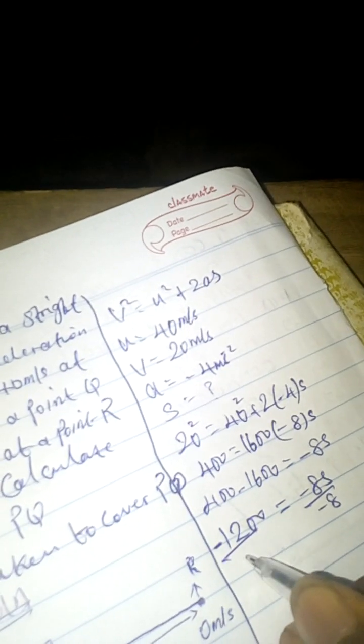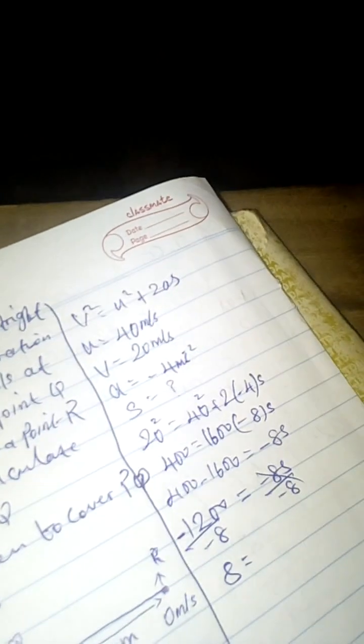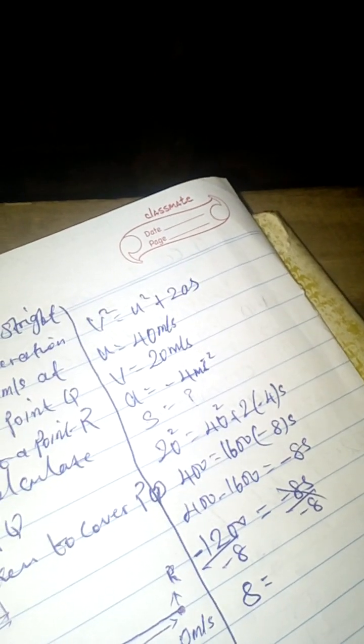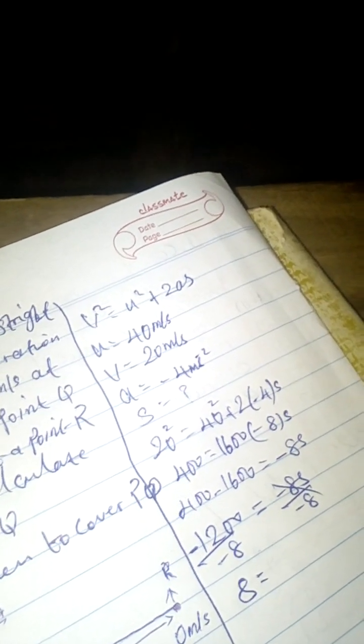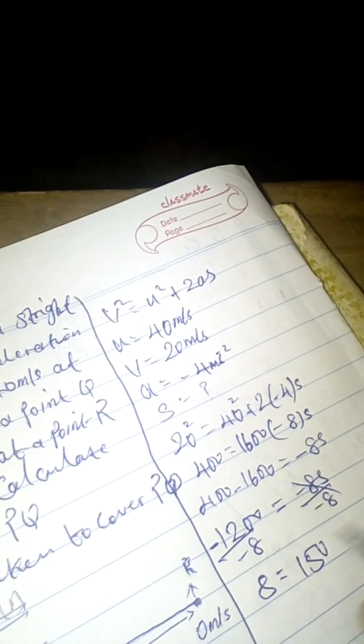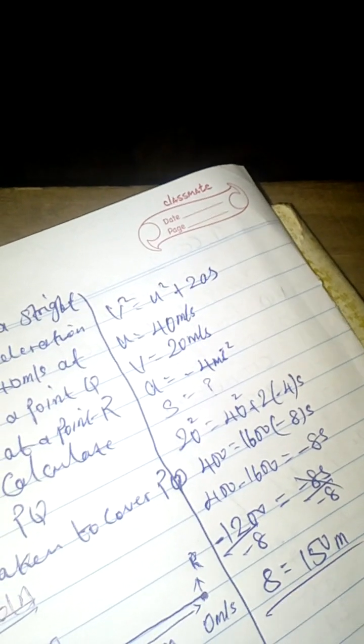Minus 8 cancels, so s is equal to 1200 divided by 8, which gives us 150 meter. So this was the distance PQ, which is equal to 150 meter.